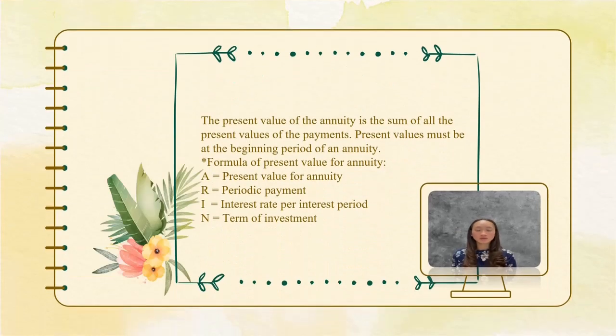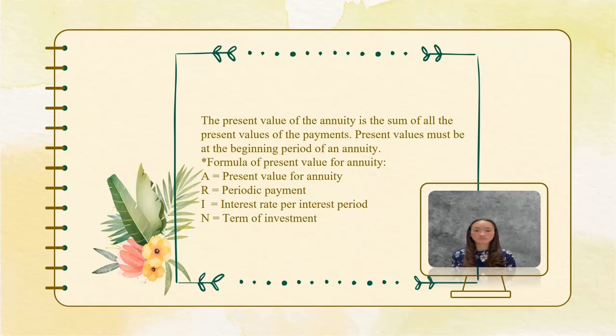The present value of annuity is the sum of all the present values of the payments. Present value is at the beginning of the annuity period. A stands for present value, R periodic payment, i interest rate per interest period, and n term of investment.